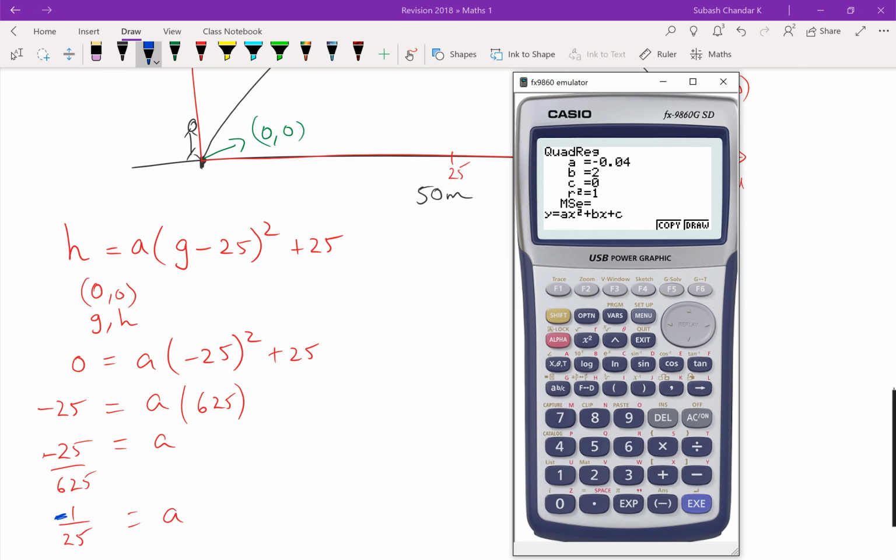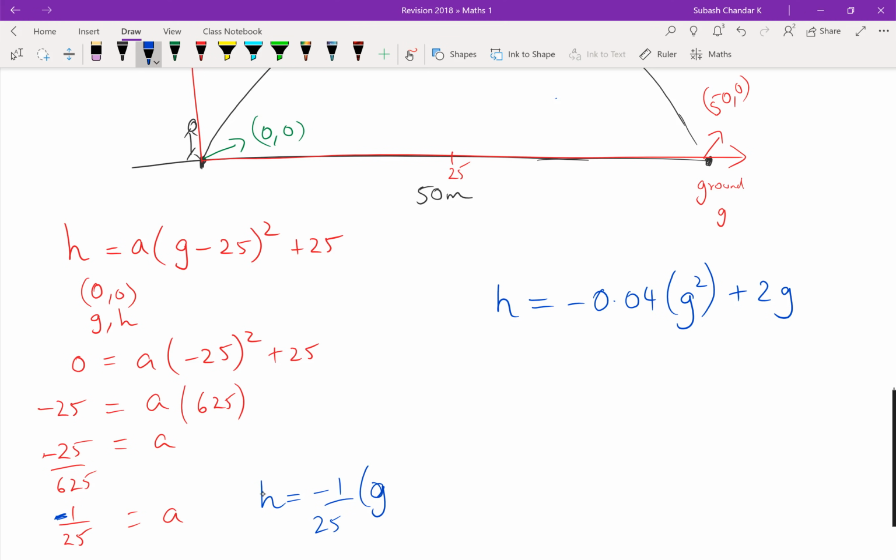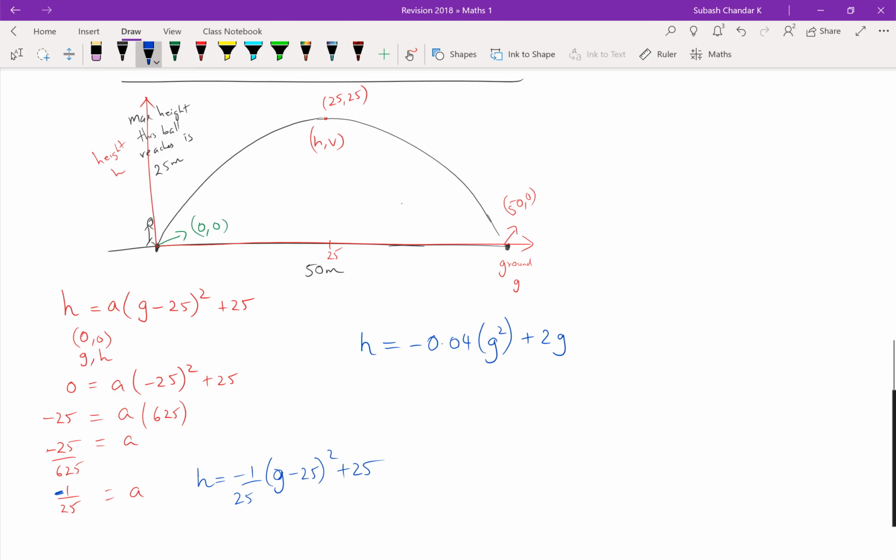For those of you guys that use the graphics calculator, that it kicks the ball, it travels 50 meters, reaching a maximum of 25 meters height.